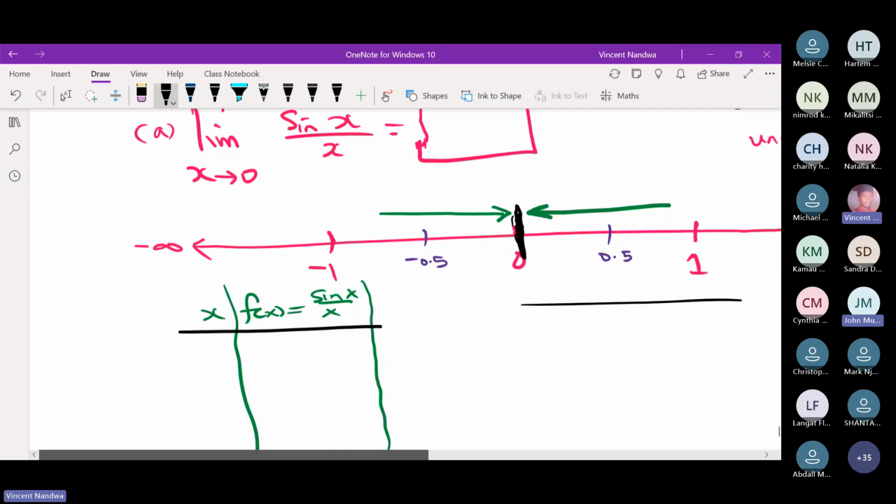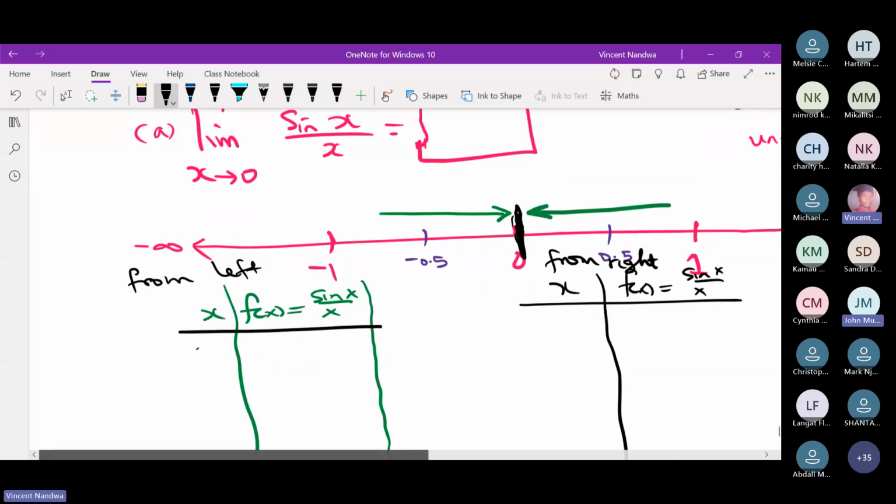And then another table, x, f of x, which is sine x over x. This one will be from the left, and this one from the right-hand side.